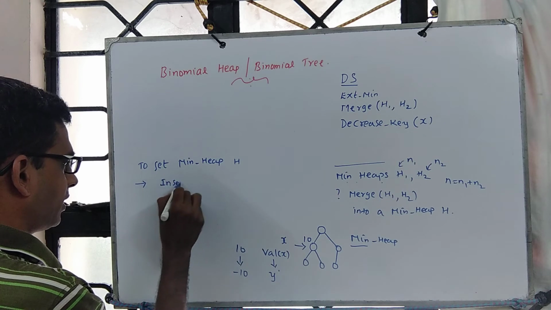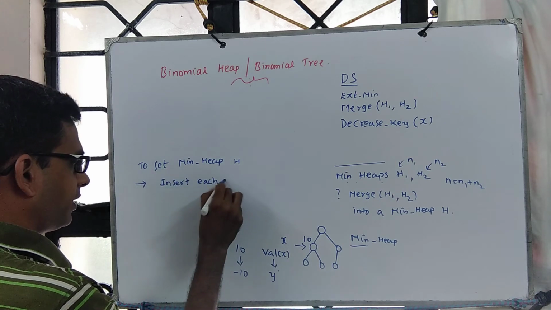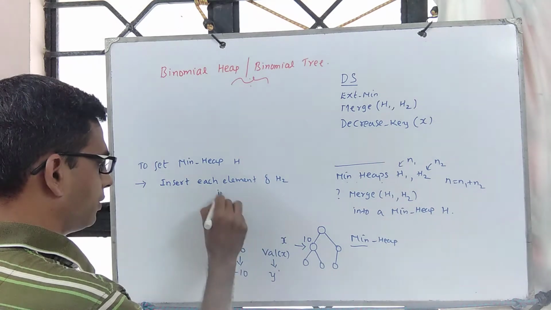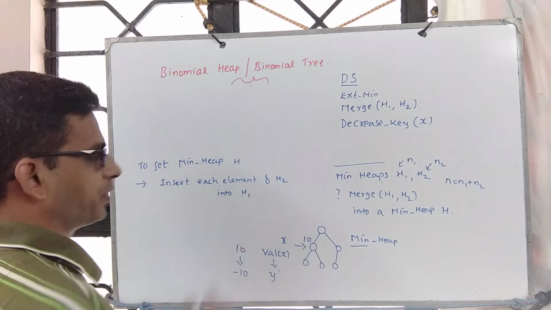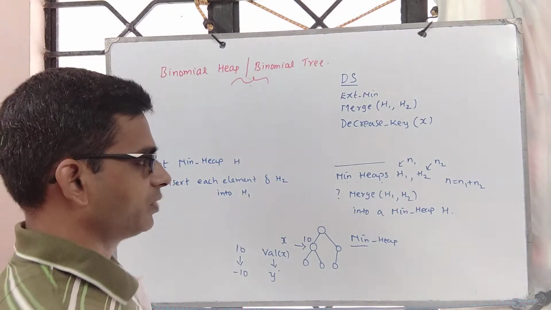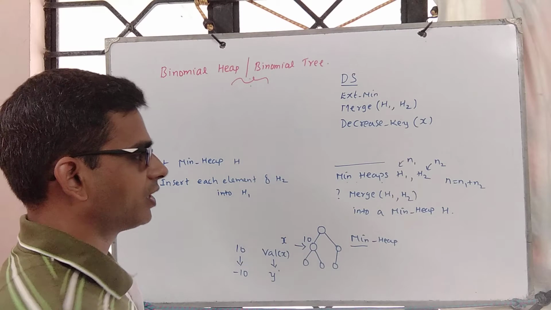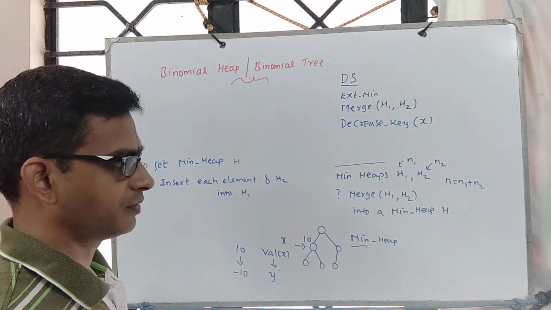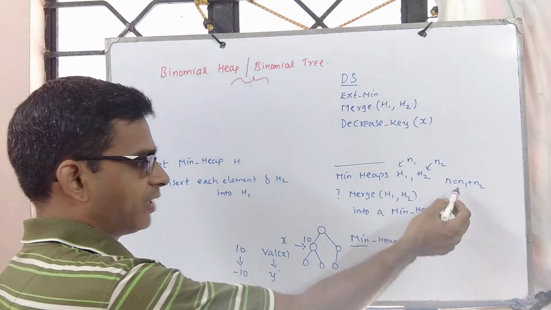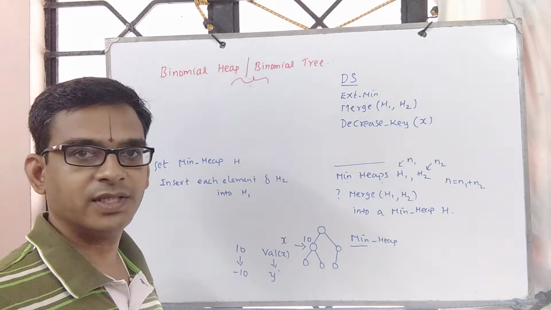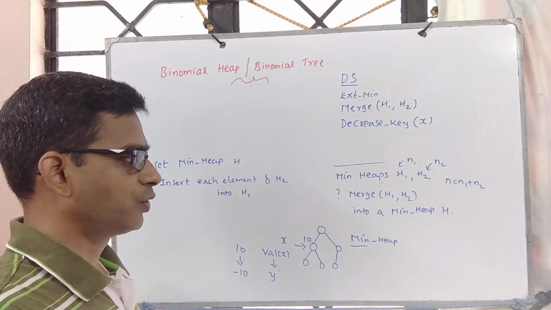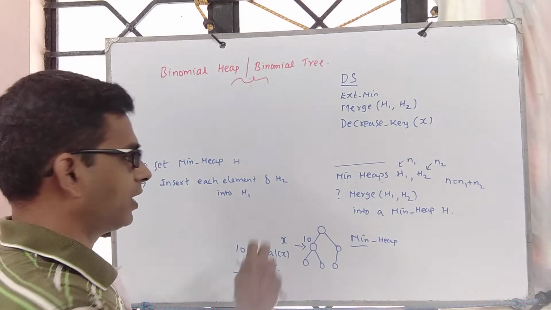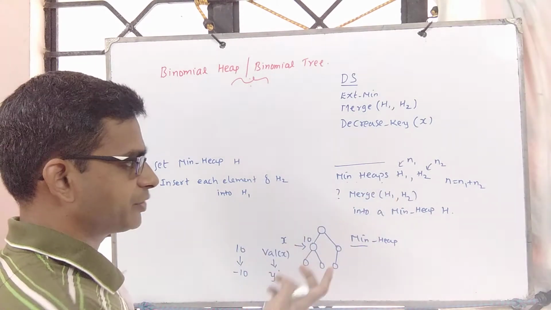Insert each element of H2 into H1, and we know that for each of them you need log n effort, right? Initially it will be log n1, then it will become log n1 plus 1, then log n1 plus n2, and slowly you see that you reach log n. And n1 can be expressed as a function of n.